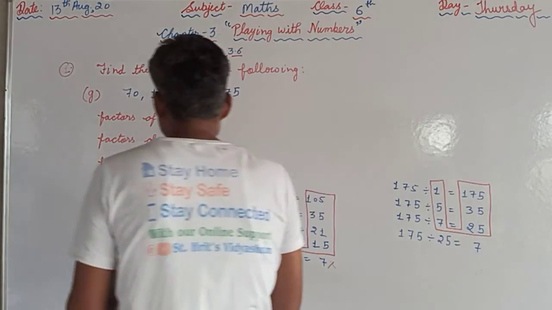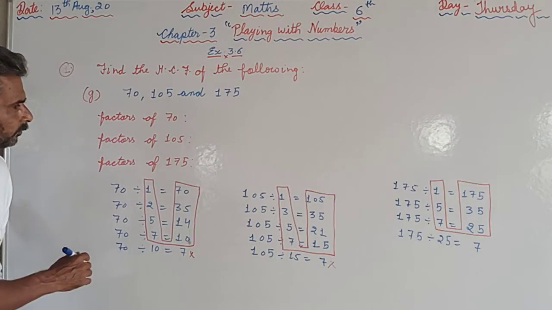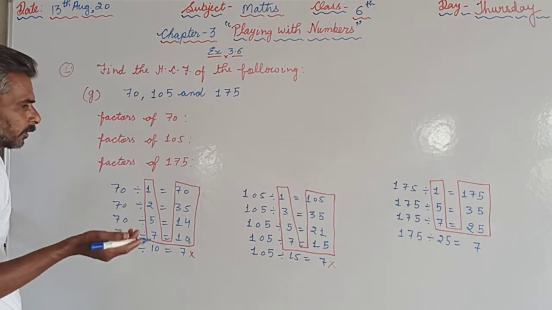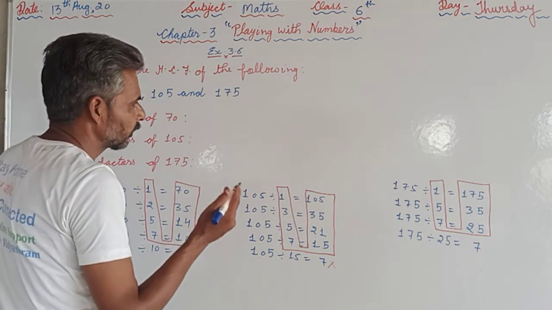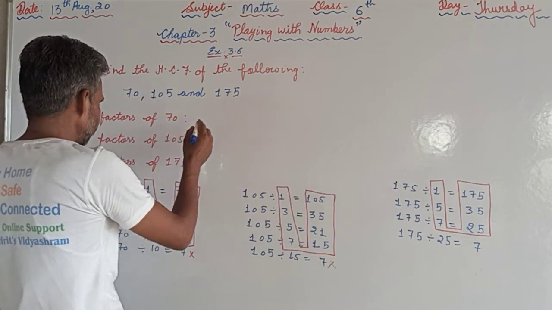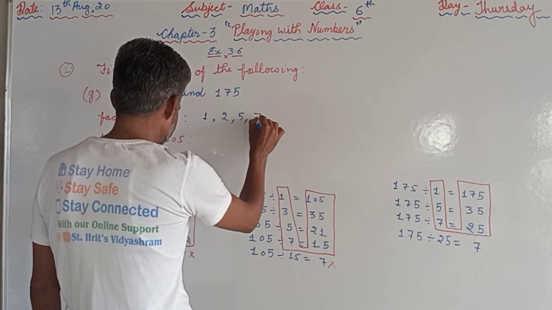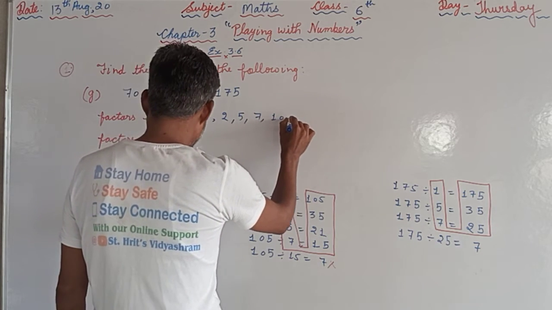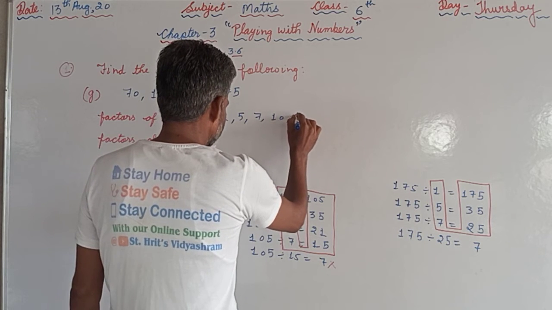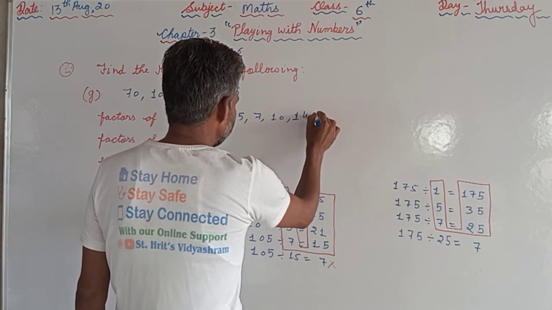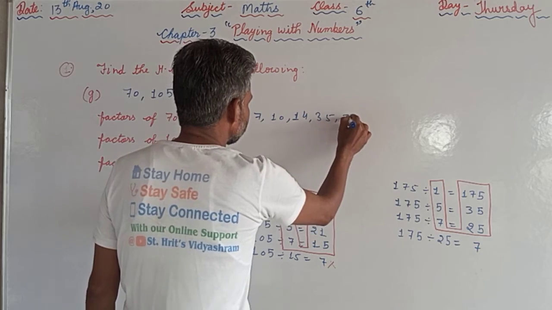So, we have already found out the factors of 70, 105 and 175. Factors of 70 are 1, 2, 5, 7, 10, then 14, 35 and 70.